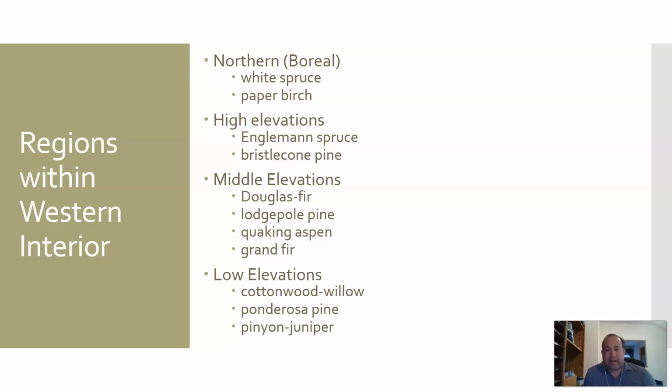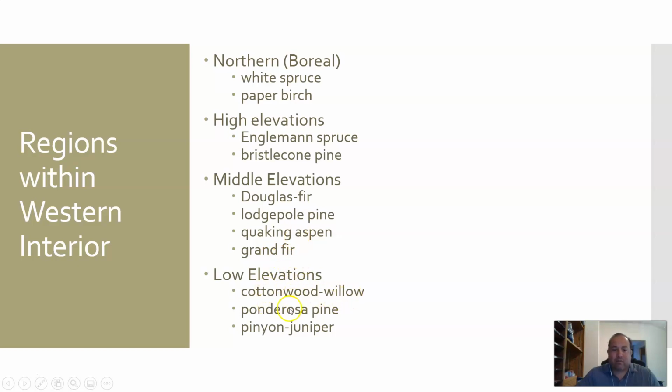So looking at those different regions, when we talk about the northern or the very high elevation within the western interior, that's very similar to the boreal forest and has a lot of similar traits to the boreal forest biome. Then high elevations, so Engelmann spruce, bristlecone pine. Middle elevations, Douglas fir, lodgepole pine, quaking aspen, grand fir.